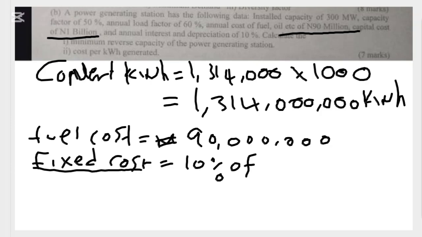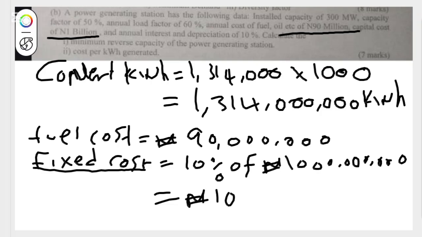So 10% of 1 billion is the same thing as 100 million naira.